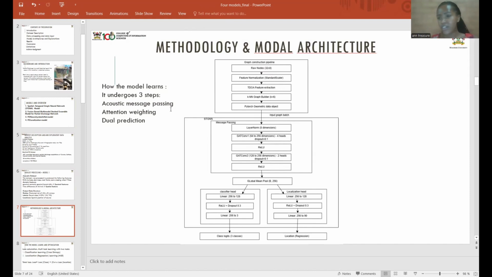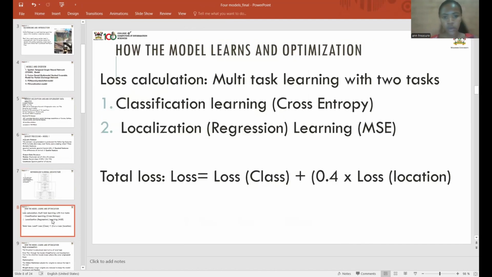When the node is given a higher weight, you then pass this information to the classifier head, which is able to classify the information to say that this node picked up, say, partial discharge better. This is a probability that you are predicting partial discharge based on the information that you have gotten from these different nodes.